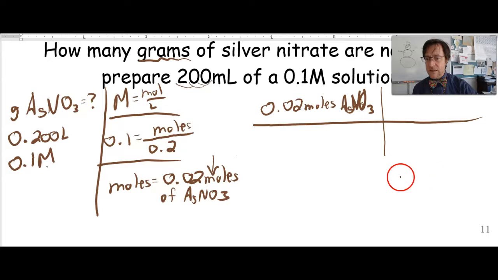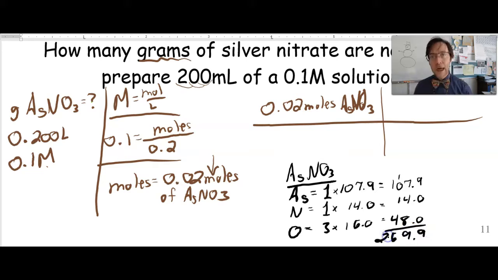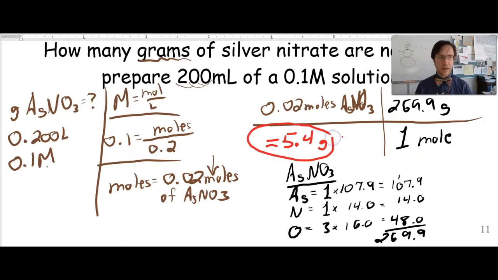So let's crank that out down here. Okay. 169.9 grams per mole. So if I've got moles in the upper left, I'm going to put 1 mole in the bottom, and I'm going to put 169.9 grams. And that kind of math is way past my brain. And there's my final answer.